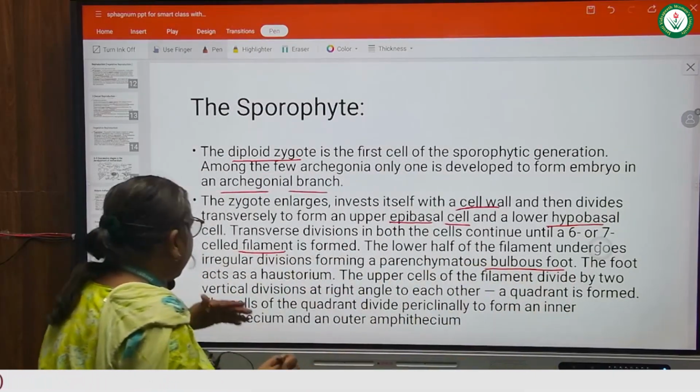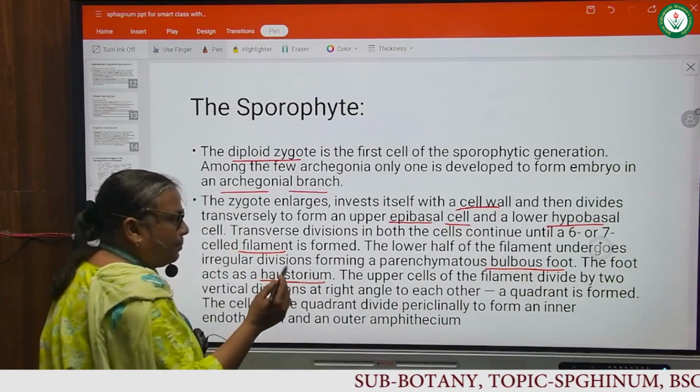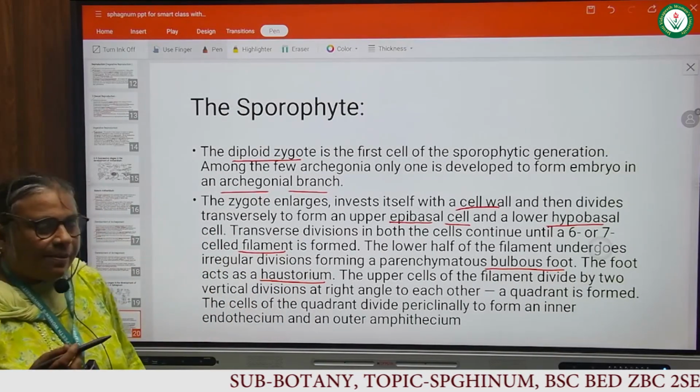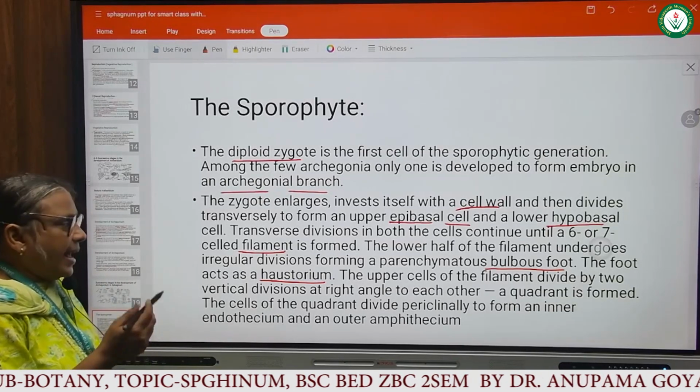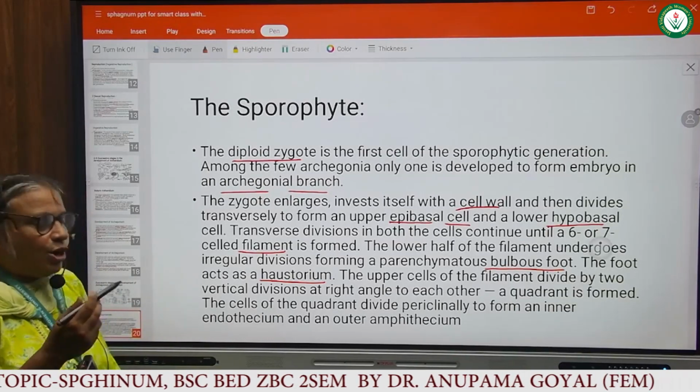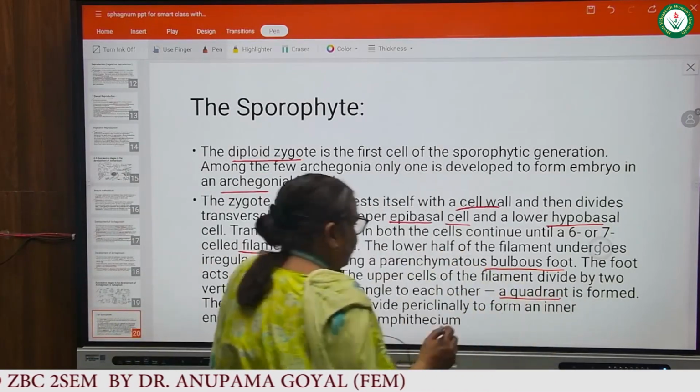The foot acts as a haustorium. The upper cells of the filament divide by two vertical divisions at right angles to each other, and a quadrant is formed.